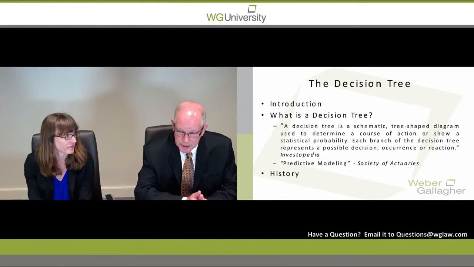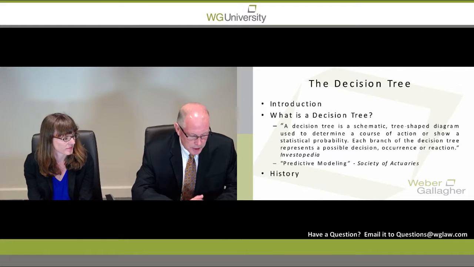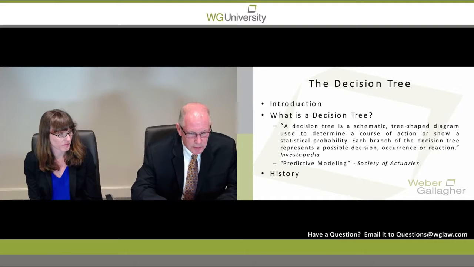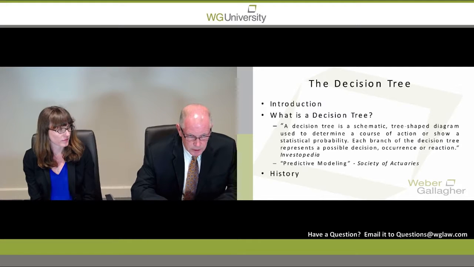So what is a decision tree? A decision tree really has many names, but it's basically a tree-shaped schematic diagram used to predict, with statistical probability, the potential outcome in our instances of litigation.